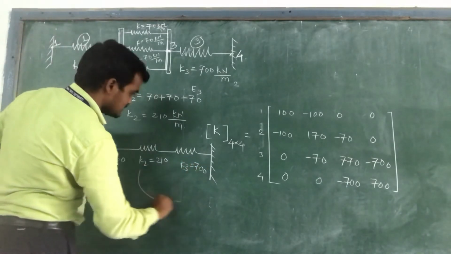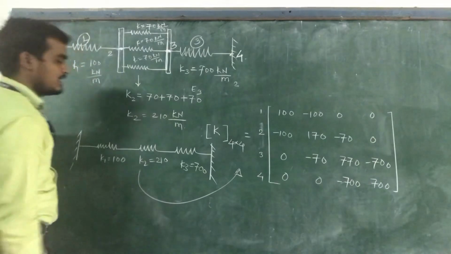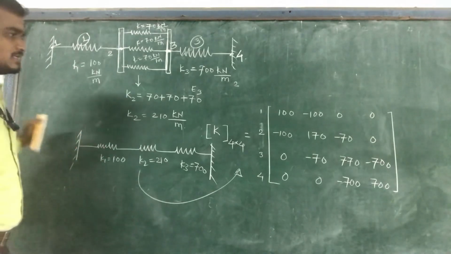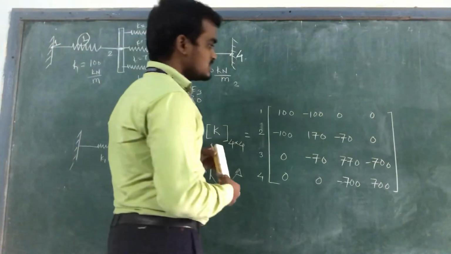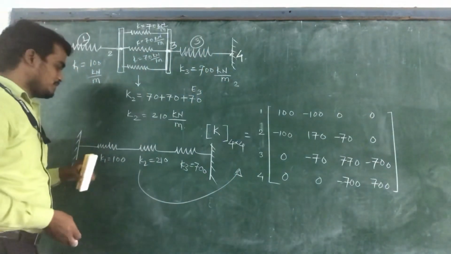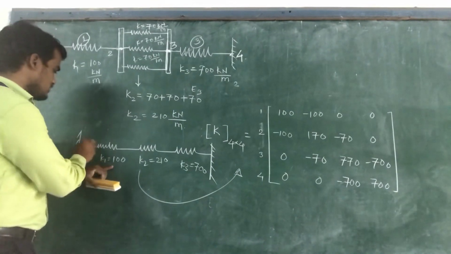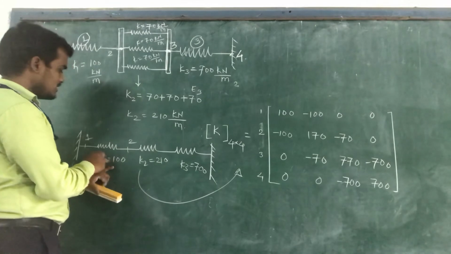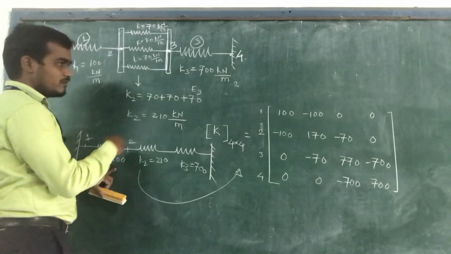Now the same procedure is applied to construct the global stiffness matrix, and here some changes are to be made. So the first element is between node 1 and 2. So there should be a 100 value between node 1 and 2.